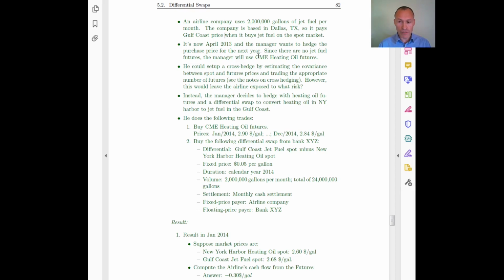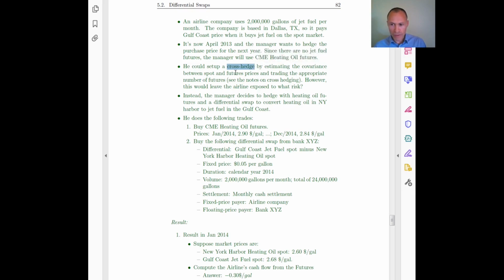So what airlines typically do is hedging with something that is close, which is heating oil futures, right? So we could try to do a simple cross hedge by doing the type of things we discussed when we talked about futures.